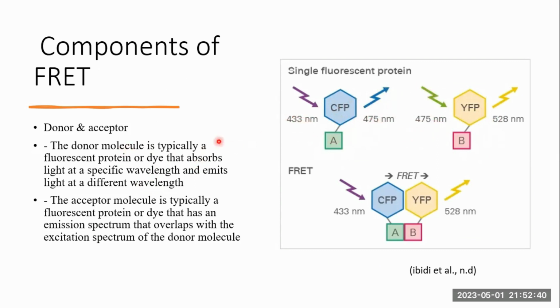The photons emitted by the first molecule have to be in the same wavelength as the other one for our technology to work. If we only see emission from the first molecule, then we know that our technology has failed and FRET has not occurred. Our complex hasn't formed. But if we can see both of them emit, then we can tell that the overlap has occurred and the complex has formed.